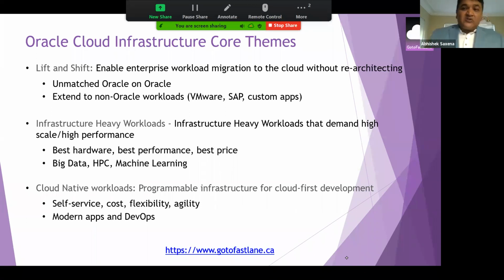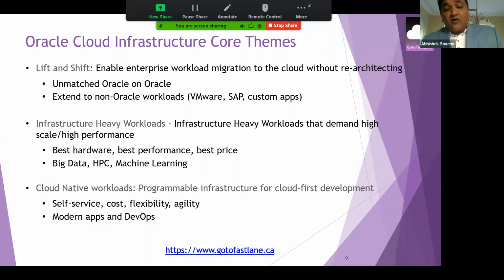So they are virtualizing their environment, setting up their environment with 300 CPUs, and running it that way. Those are heavy workloads with high demand, high scale and high performance. For that you use HPC. Big data is also part of that, because data is growing like anything, and you need machine learning along with that. So the second part is infrastructure heavy workload.